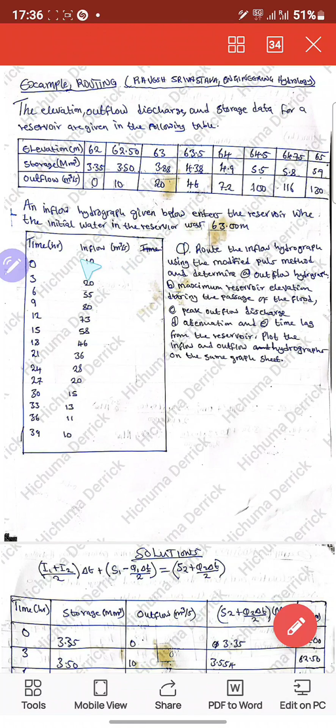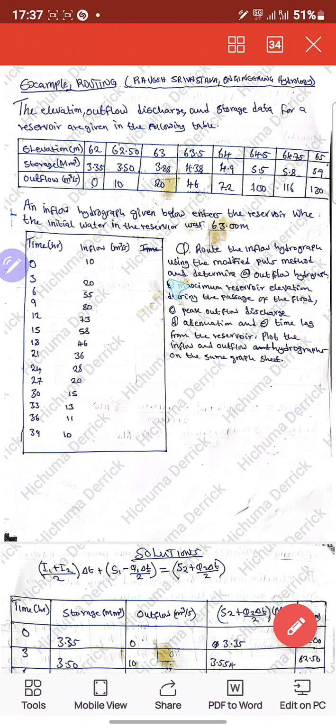Now this is the inflow hydrograph. There is time and then the inflow. Now the question: route the inflow hydrograph using the modified Puls method and determine A, the outflow hydrograph, B, the maximum reservoir elevation during the passage of the flood.